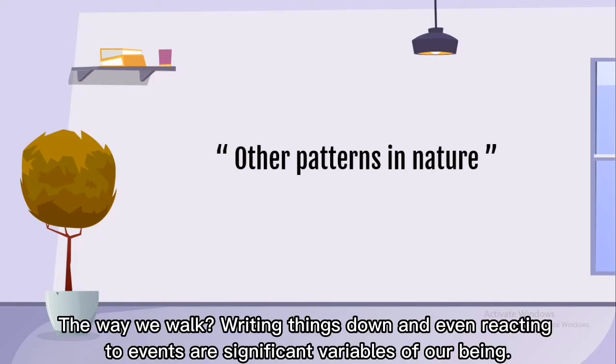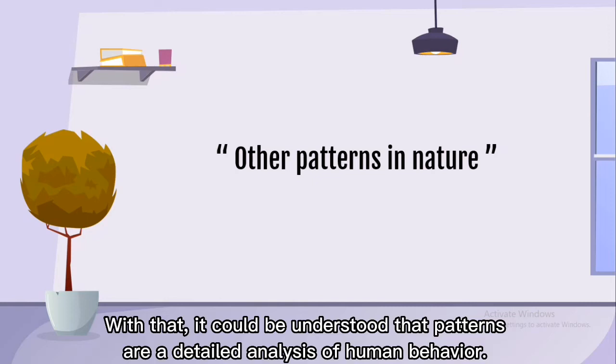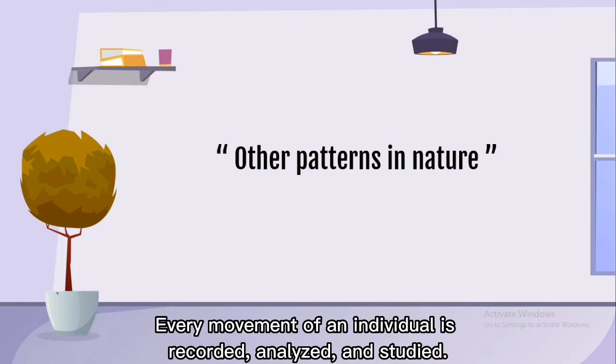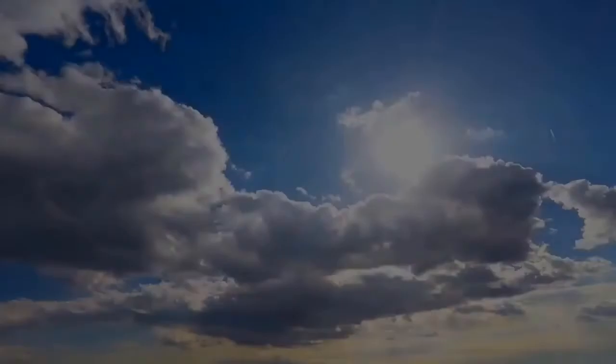The way we walk, writing things down, and even reacting to events are significant variables of our being. With that, it could be understood that patterns are a detailed analysis of human behavior. Every movement of an individual is recorded, analyzed, and studied.